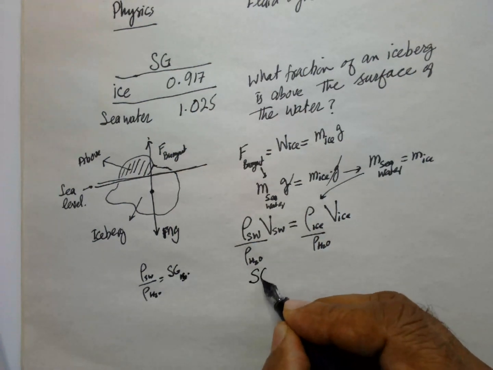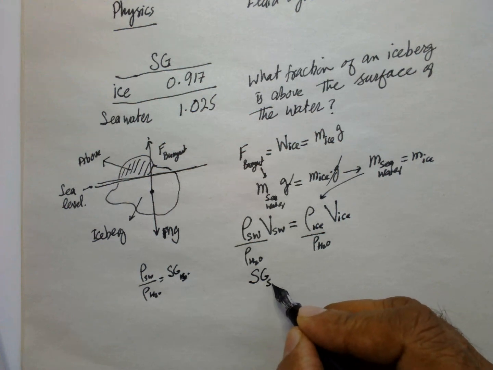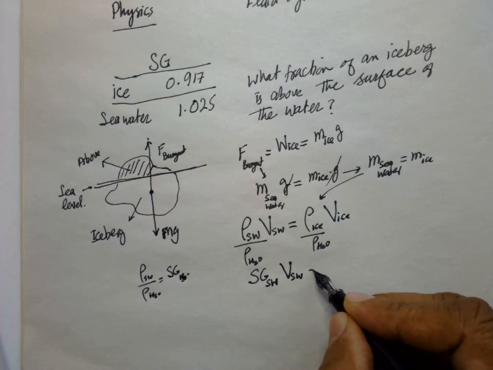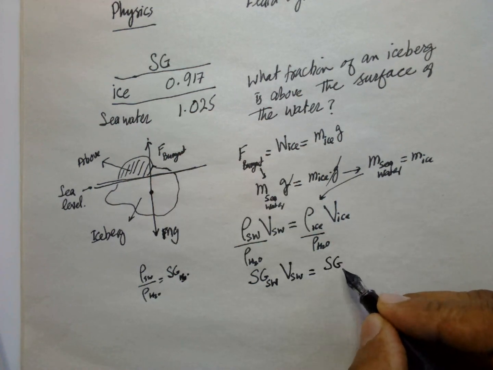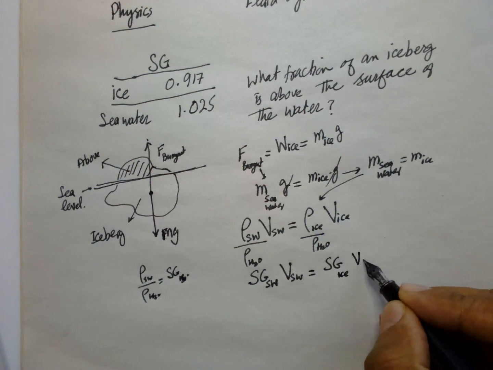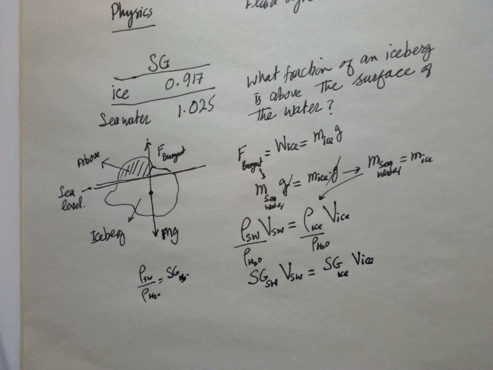So specific gravity of seawater into volume of seawater is equal to specific gravity of ice into volume of ice.